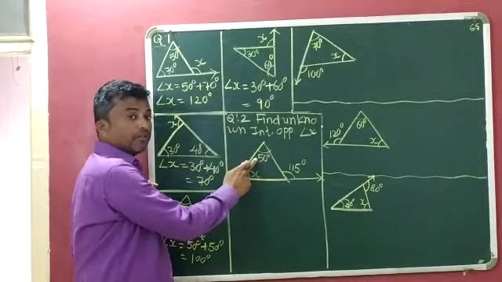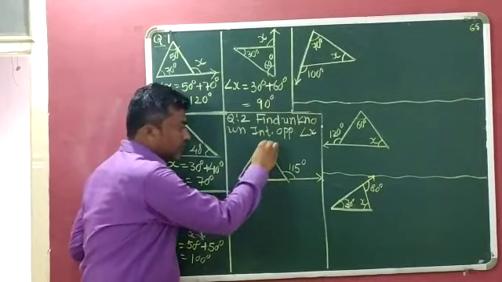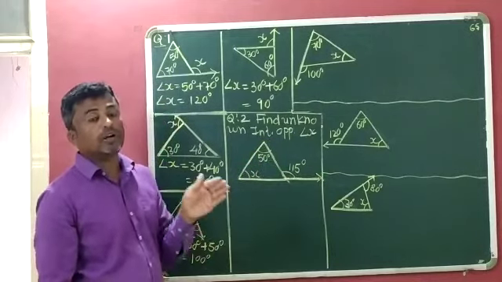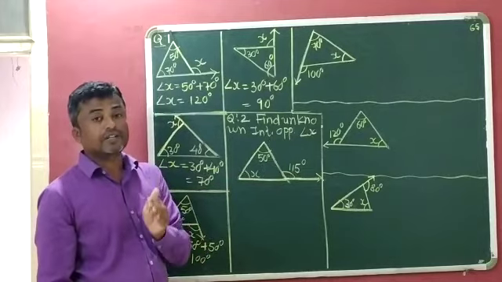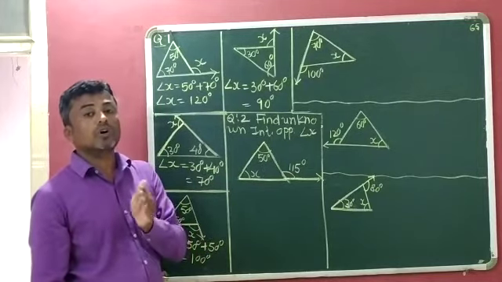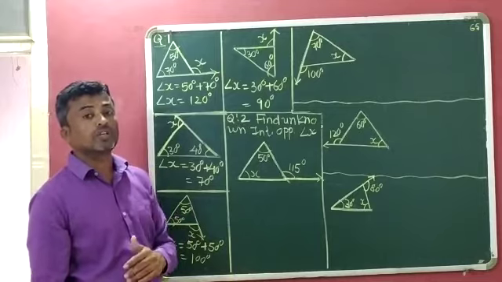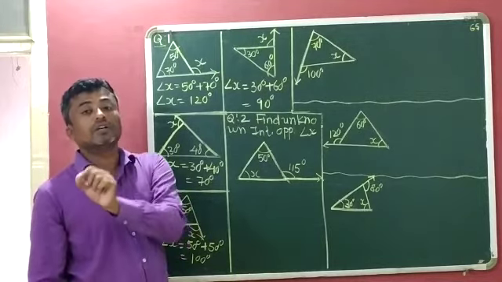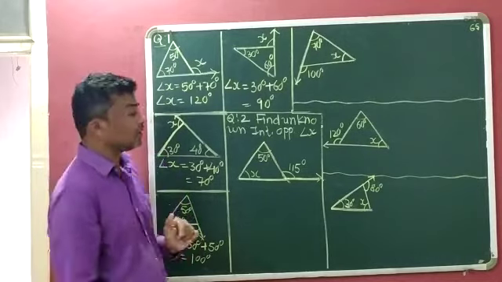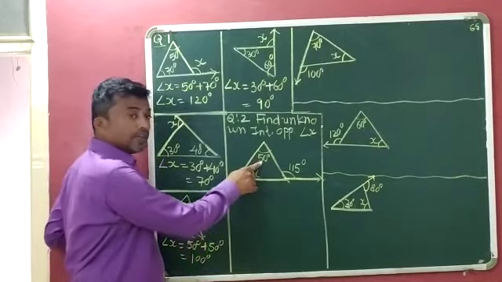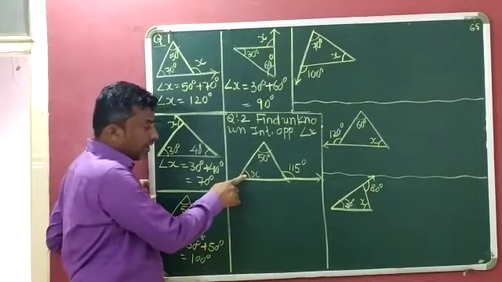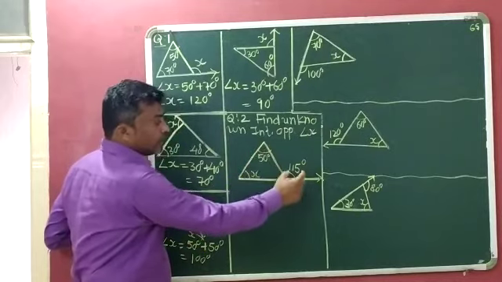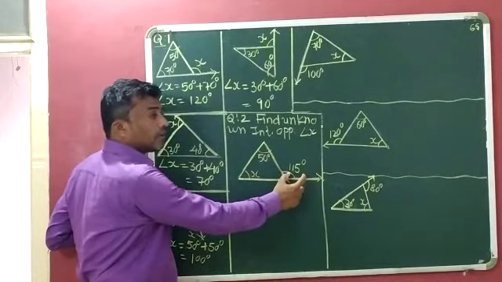This is 50 degree, one interior opposite angle, and this 115 is an exterior angle. We know the exterior angle property. An exterior angle is equal to the sum of its interior opposite angles. Means the sum of the interior opposite angles is equal to the exterior angle. So see here, 50 degree is the first interior opposite angle, angle x is the second interior opposite angle and their sum is equal to exterior angle 115.